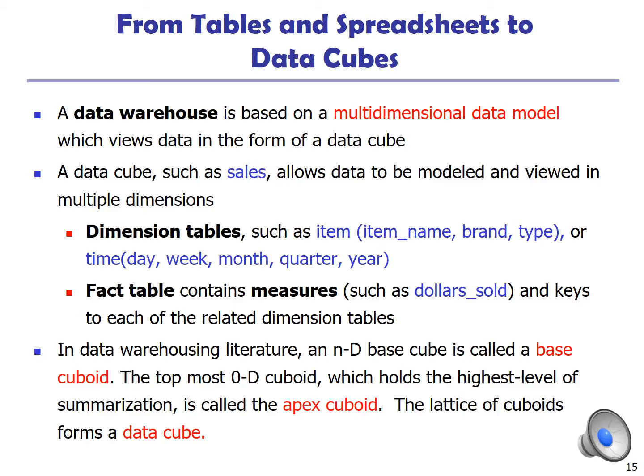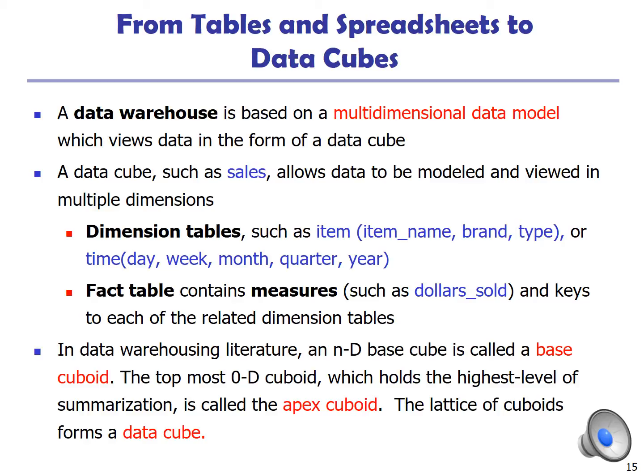So basically, the two main things which describe a data cube are dimension tables and fact tables. All right. So what are dimension tables? Dimension tables are similar to relational database tables, which contain the different attributes of a dimension.